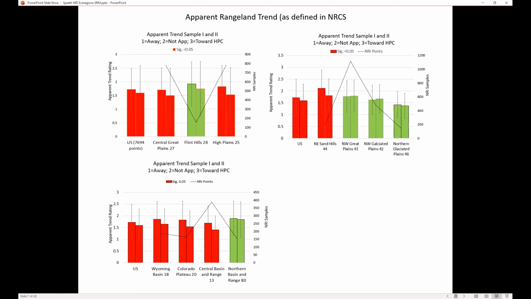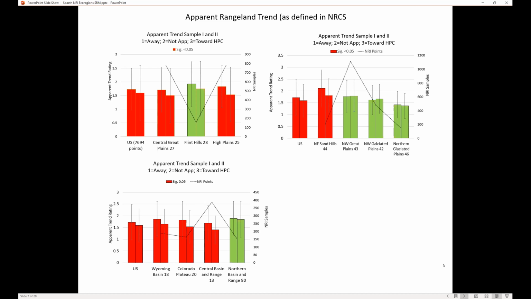And then to the right, we move up a little further north, and you see the same types of data. And then further west into the Wyoming Basin, Northern Basin, this is just an example of what we're seeing in terms of apparent trend on some of these large ecoregions.